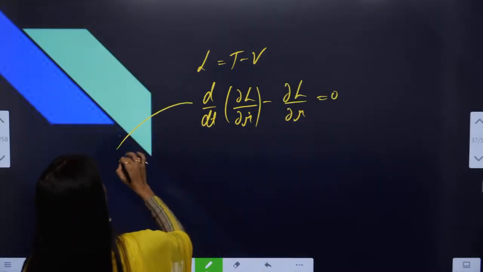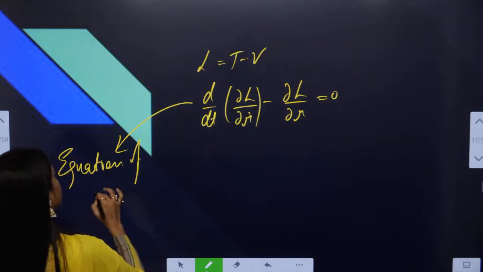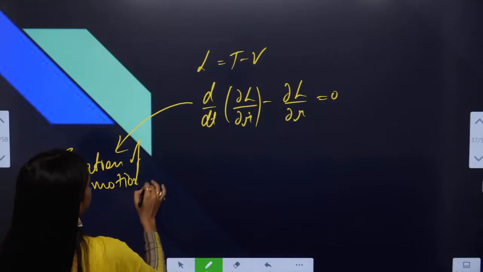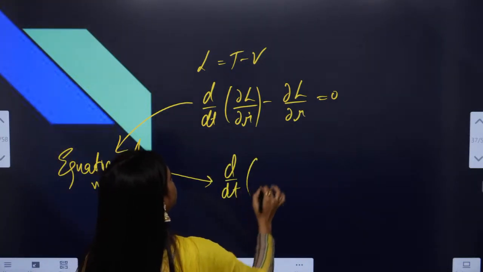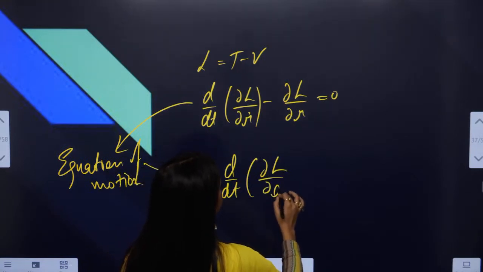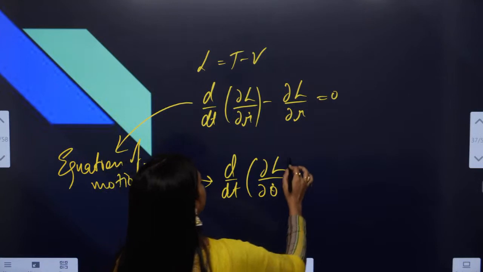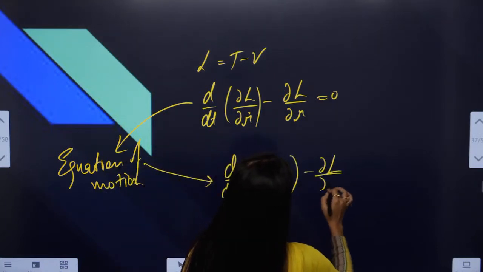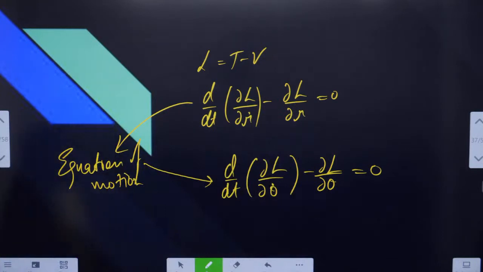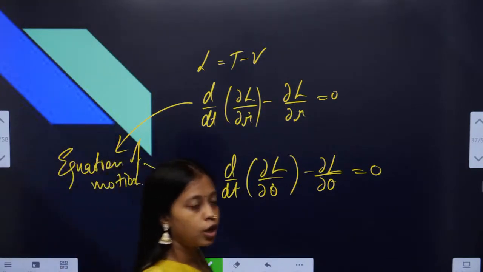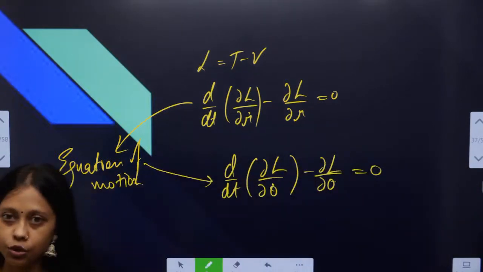This will give you the equation of motion in the variable r. The same kind of thing will happen for theta: d by dt of del L by del theta dash minus del L by del theta equals 0. These are the two equations. They will give you the equation of motion. Okay. So again simple, substitute all the values over here and you can get the answer.